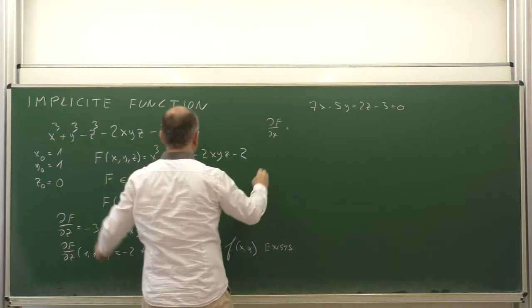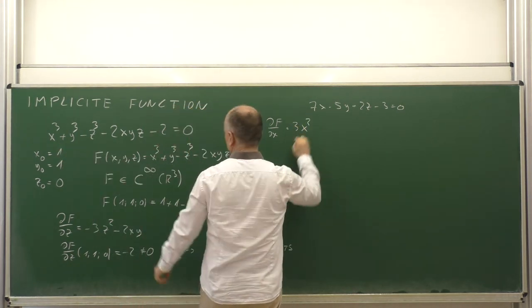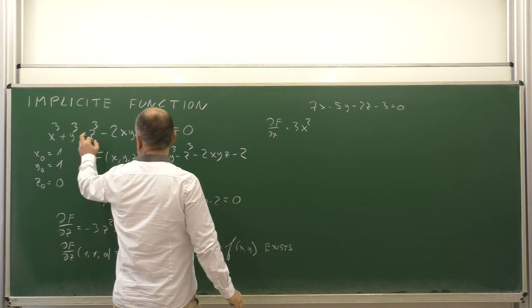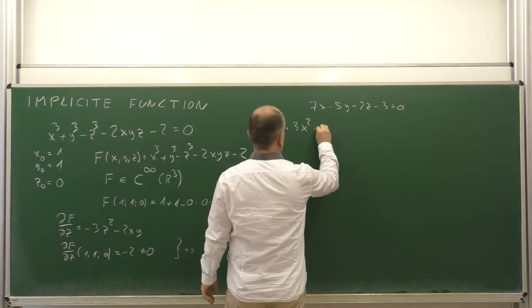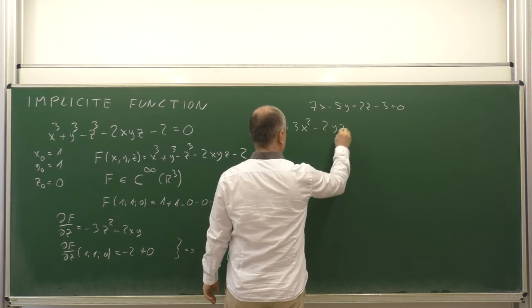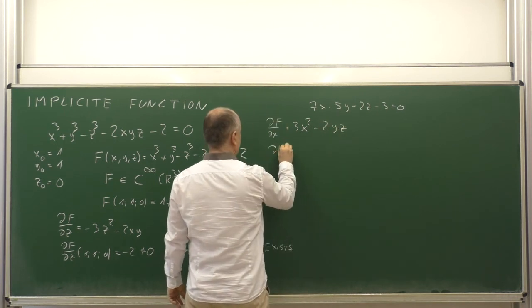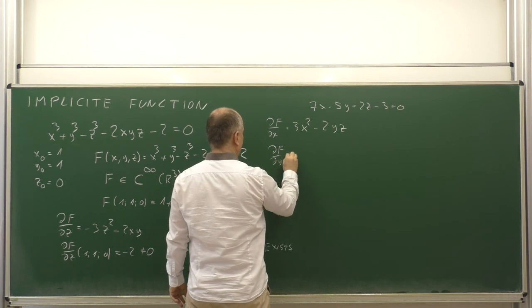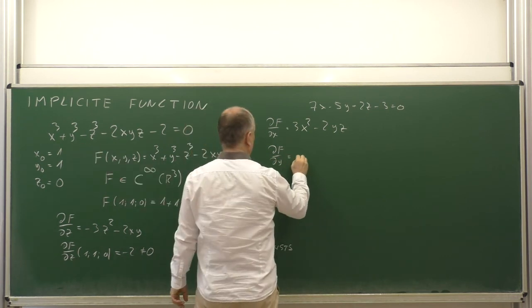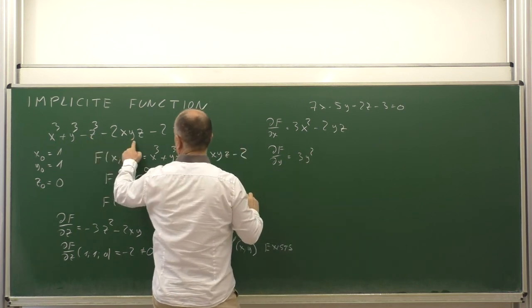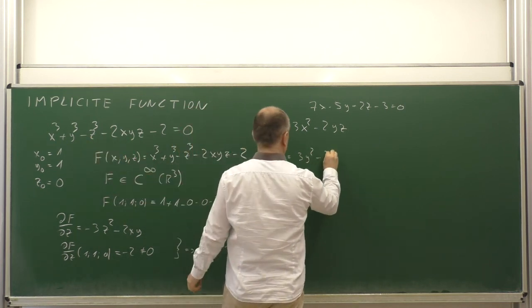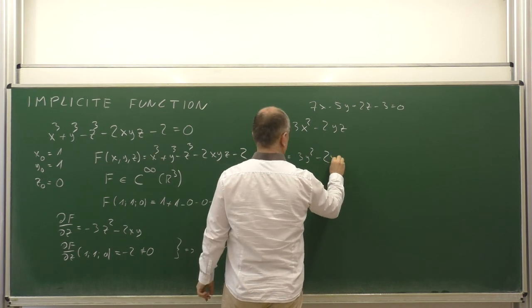So we have 3x squared plus 0 minus 0 minus 2yz, and the partial derivative of F with respect to y: 0, 3y squared, 0, minus 2xz.